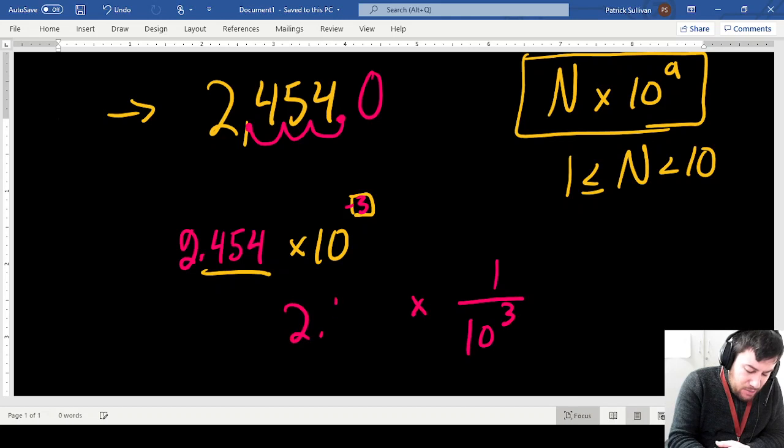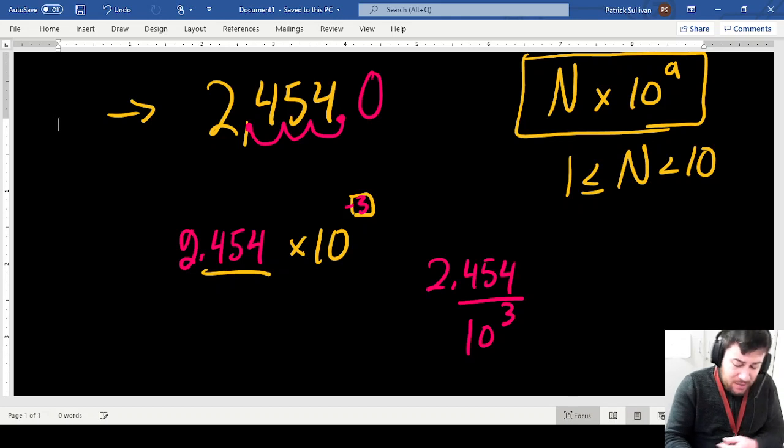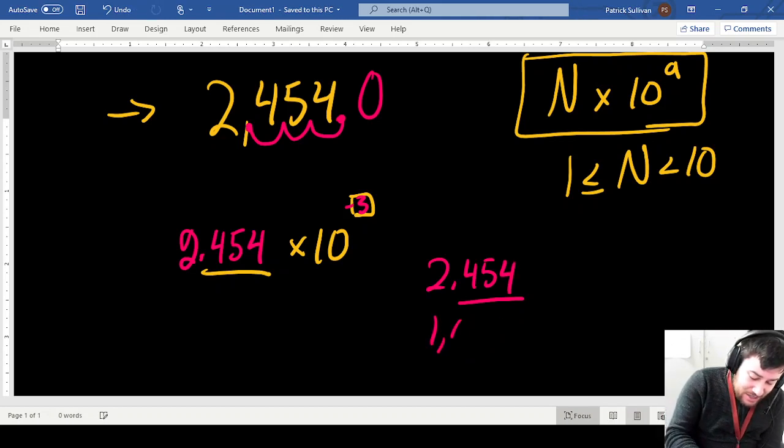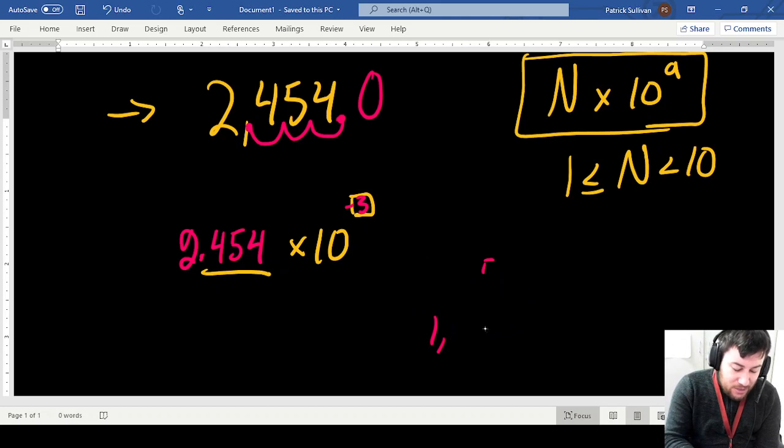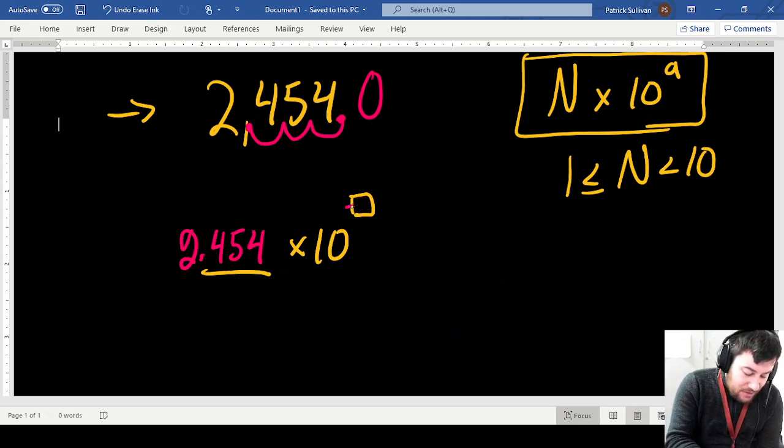So I'd be taking 2.454 times 1 over 10 to the third, which would actually be 2.454 divided by 10 to the third. 10 to the third is 1,000. So this is not going to end up as 2,454. So we know that it's not going to be a negative exponent.